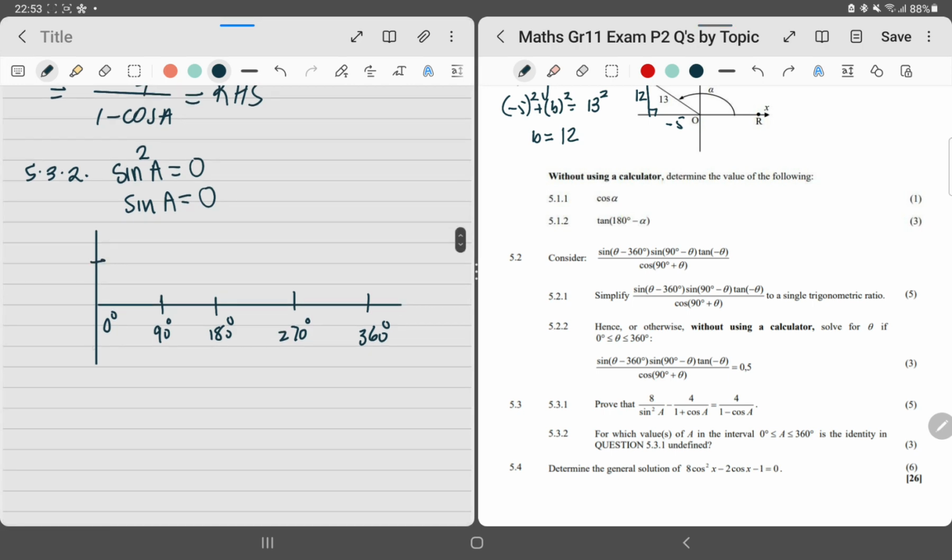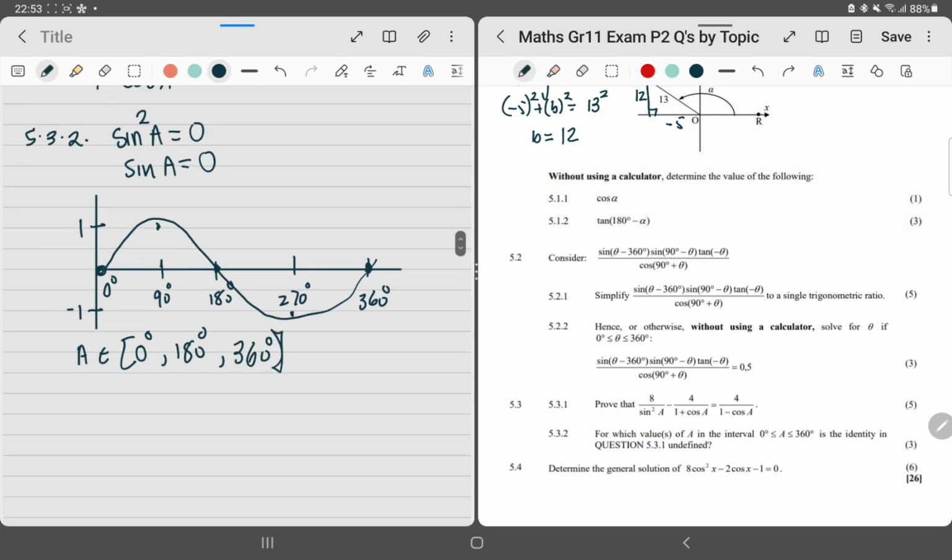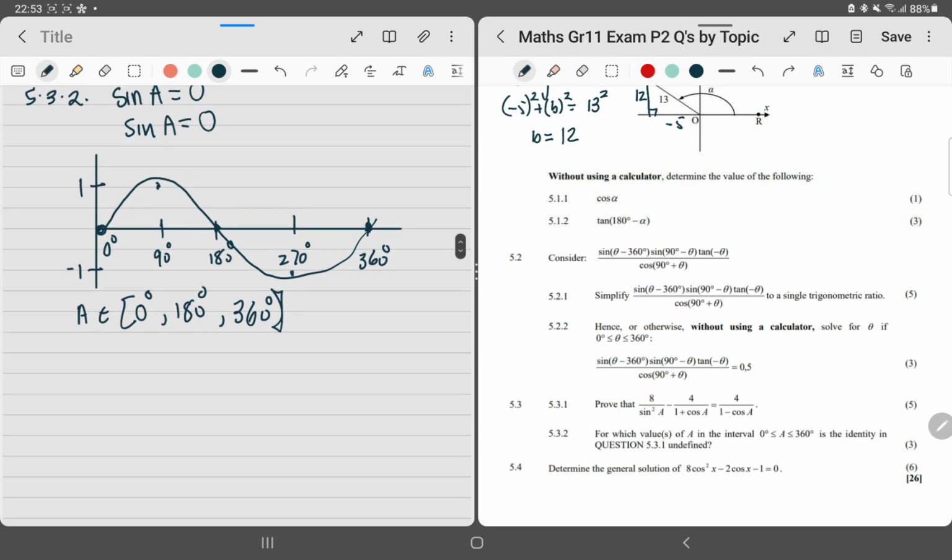And then the graph of sine, it goes like that. So the graph of sine A is equals to 0 when A is an element of, so at 0, at 180 degrees, and also at 360 degrees. So it doesn't matter even if you choose the second one.